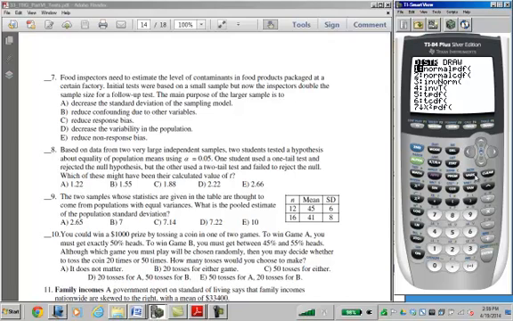So I'm going to do second, vars. This time I'm thinking 1.88 is going to work, so I'll do normal CDF, because alpha is 0.05. 1.88. Oops, I forgot the 99.